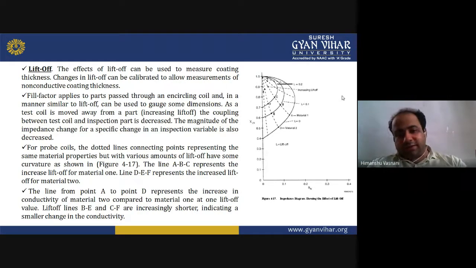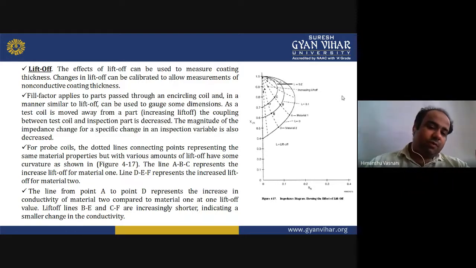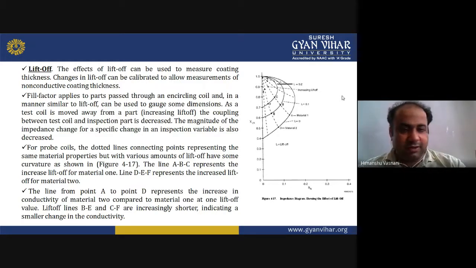Now for probe coils, the dotted lines connecting points representing the same material properties but with various amounts of lift-off have some curvature, as shown in this figure. You can see the line ABC represents the increased lift-off for material 1, and the line DEF represents the increased lift-off for material 2.